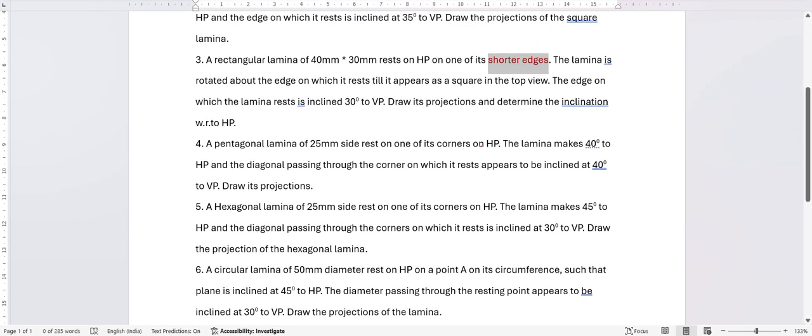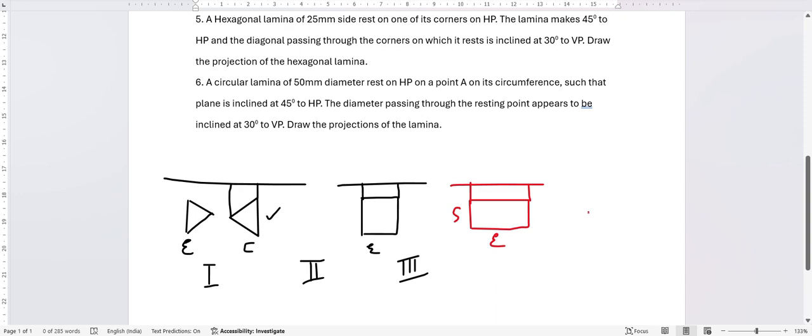Next, in the fourth problem, a pentagonal lamina resting on one of its corners. See, pentagonal corner means on the left side you should get a corner condition like this. Okay, this is the corner condition.